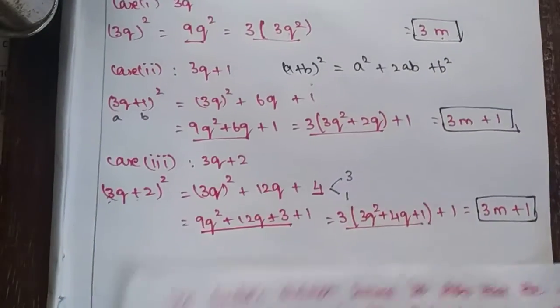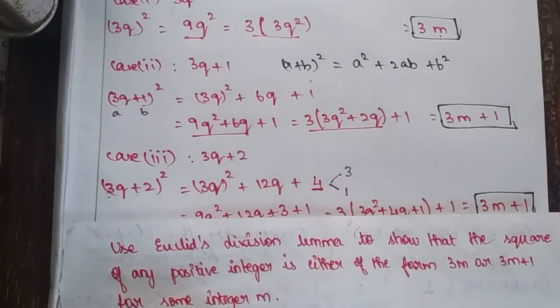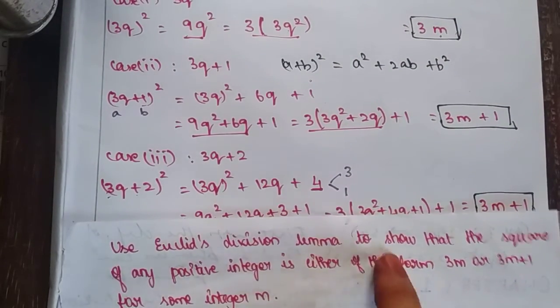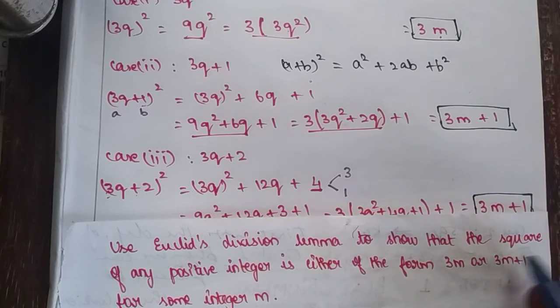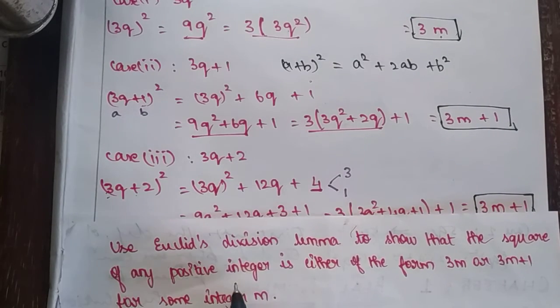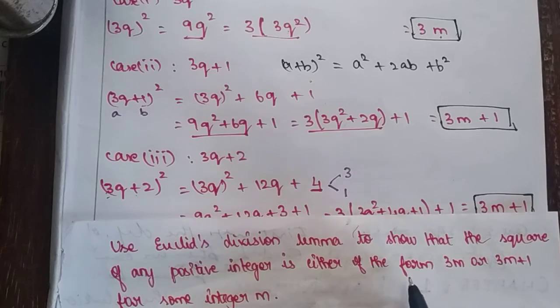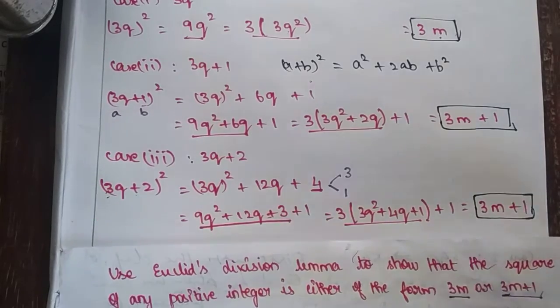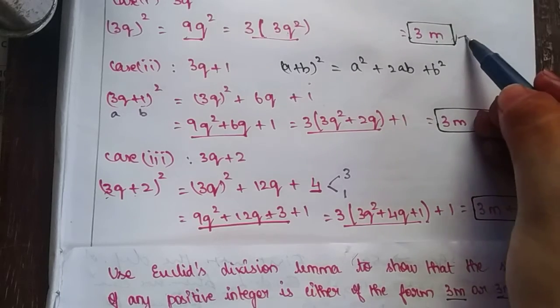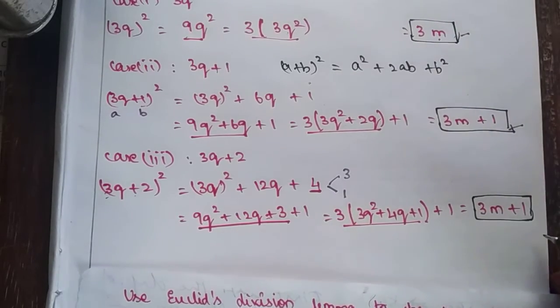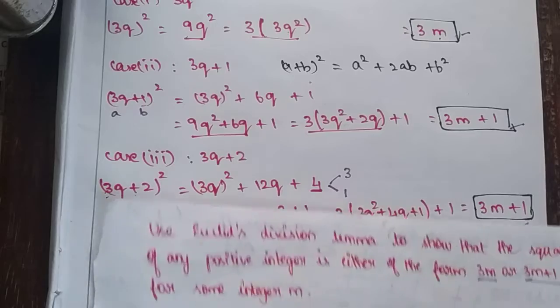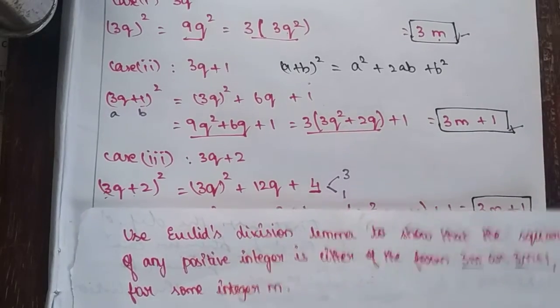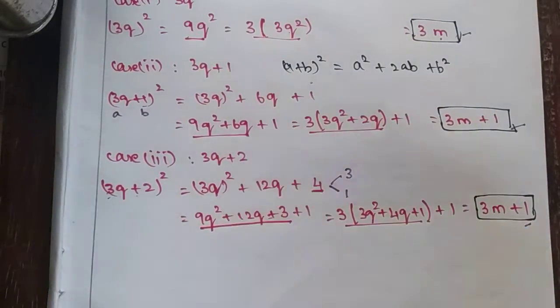Now see the question: use Euclid's division lemma to show that the square of any positive integer is either of the form 3m or 3m plus 1. We have got 3m, 3m plus 1 and the same 3m plus 1. So now we can conclude this in accordance with the question.